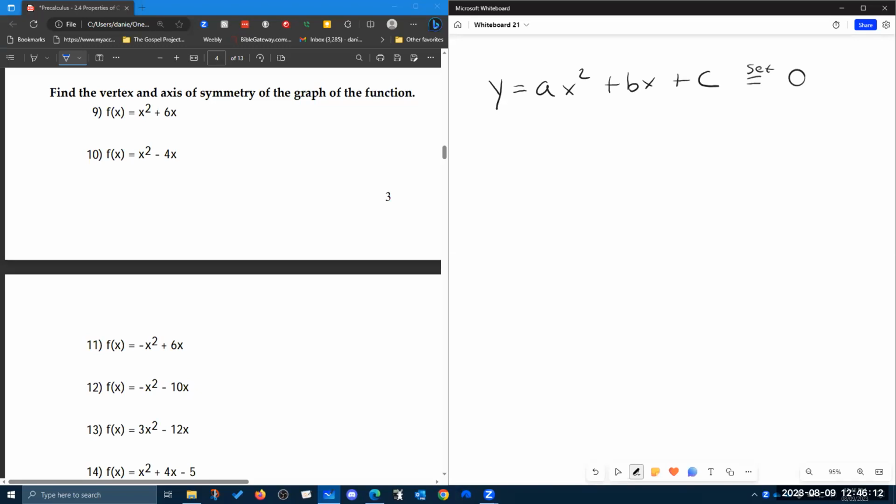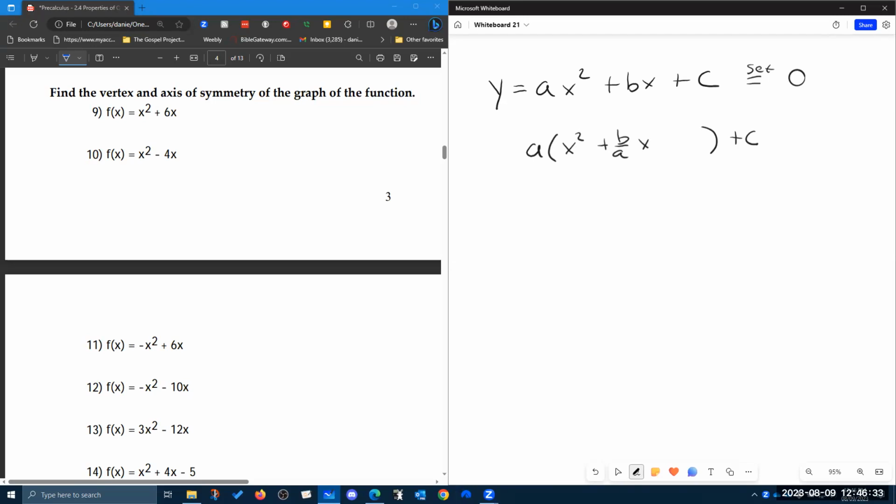Let's complete the square on the left-hand side. Factor out a. And that's going to be x squared plus b over a x, plus c on the end here.